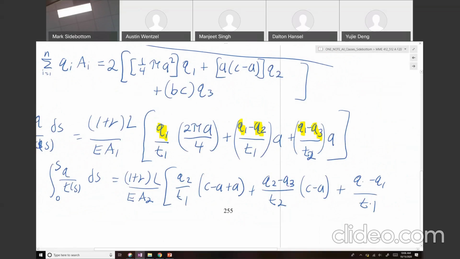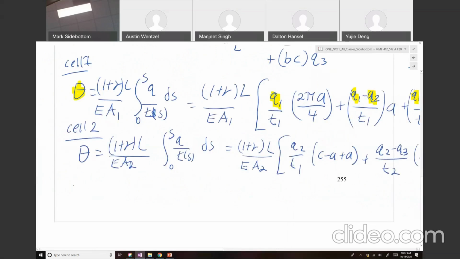Q2 minus Q1 over T1 times the length, which in this case is just A. Are there any questions about any of the terms here in that integral? All right, cool.